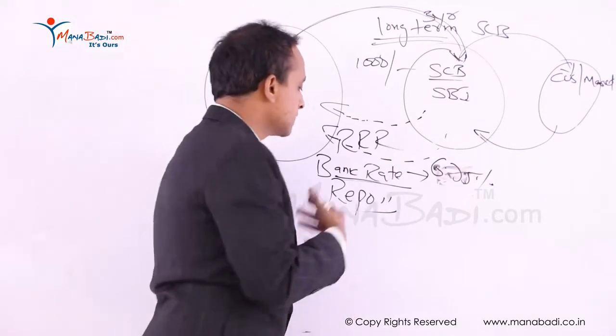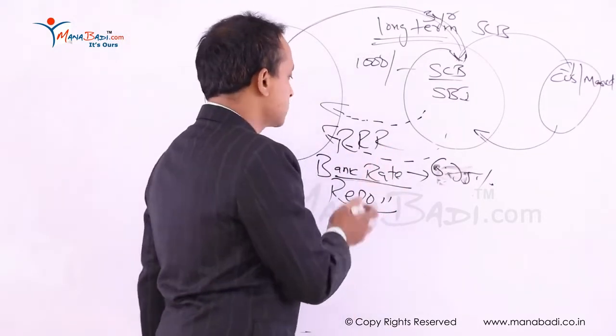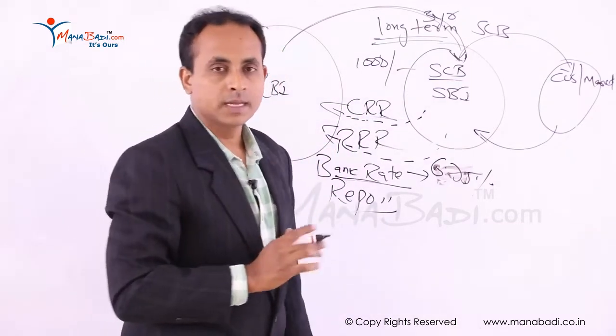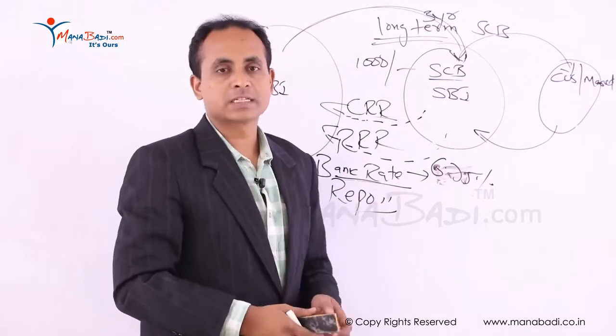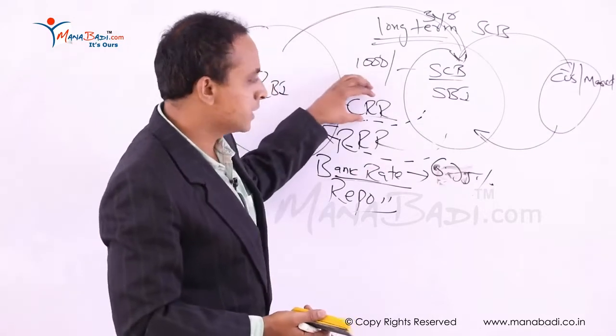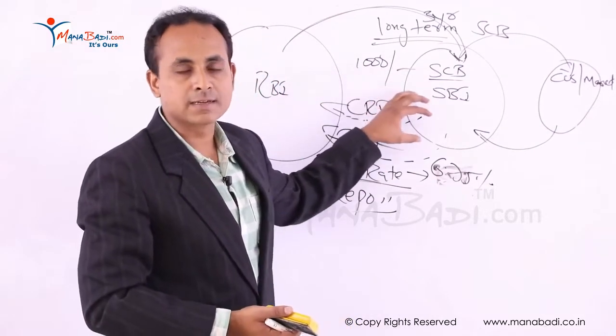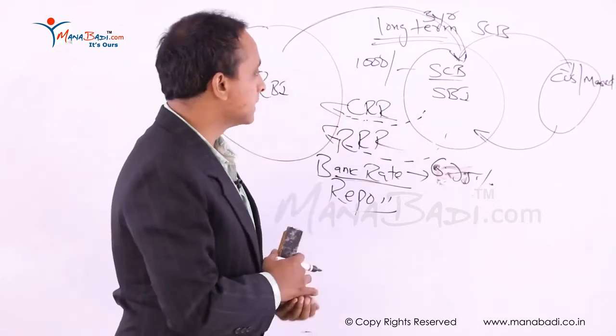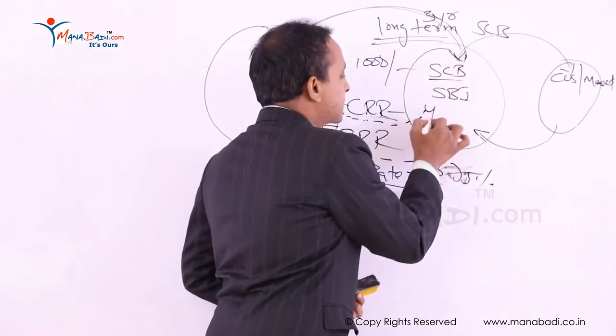Now after repo rate and reverse repo rate, we have the cash reserve ratio, CRR. This is a reserve ratio, meaning someone is reserving money with others. CRR is 4% right now.